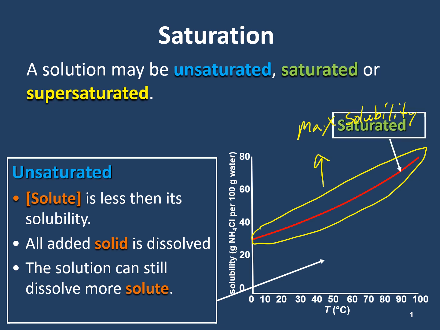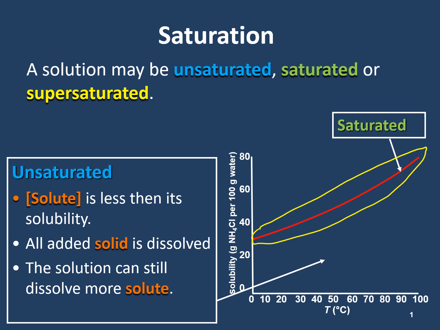A saturated solution is where our solute amount is exactly the maximum solubility. So when we say this solution is a saturated solution of, let's say, ammonium chloride, then we're saying that solution has the maximum amount of ammonium chloride that can be dissolved at that temperature.